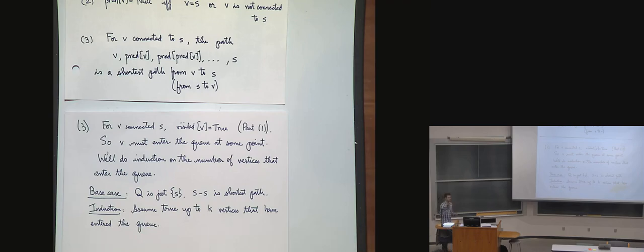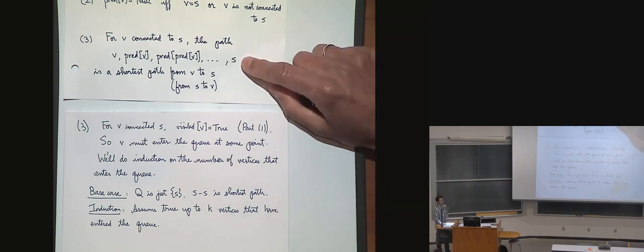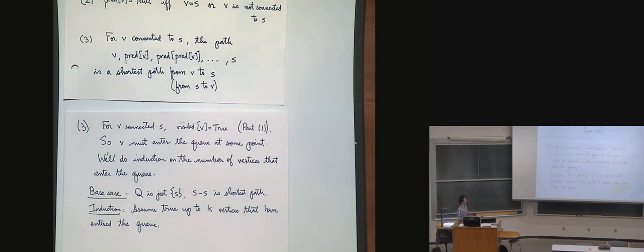So essentially for every vertex that has entered the queue, we assume this is true, right? That if you follow the predecessors, you end up with the shortest path. Now consider the next vertex, V, that enters the queue.